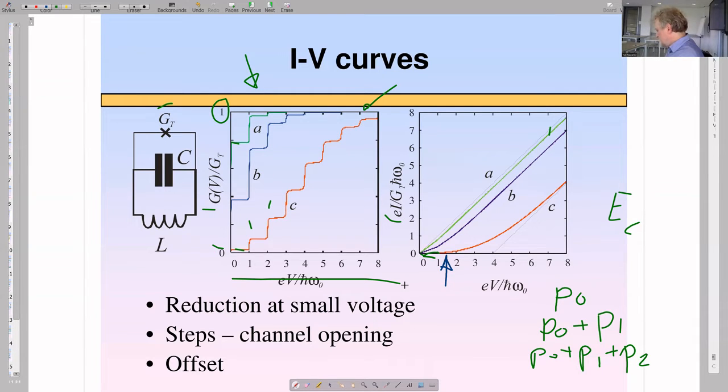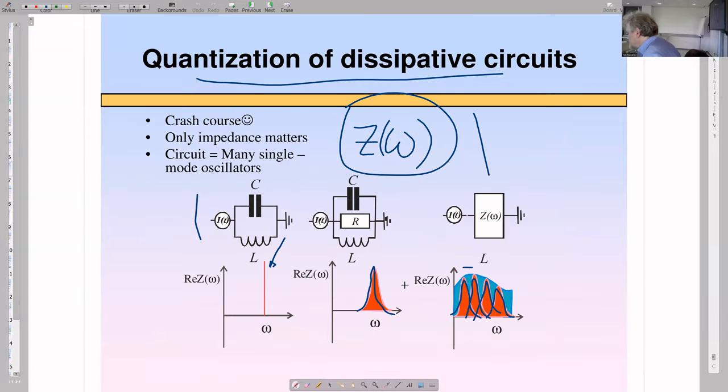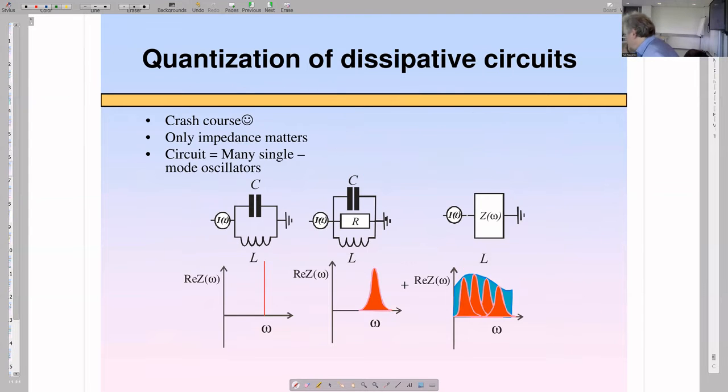You could say, so what? It looks like a rather peculiar case. But the message is that eventually any electric circuit with dissipation one can regard as a big set of oscillators.